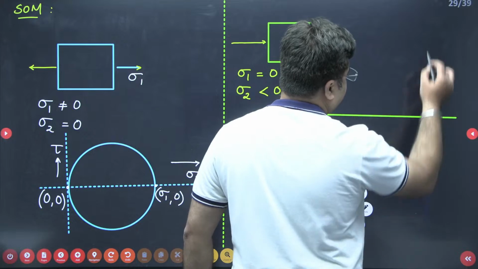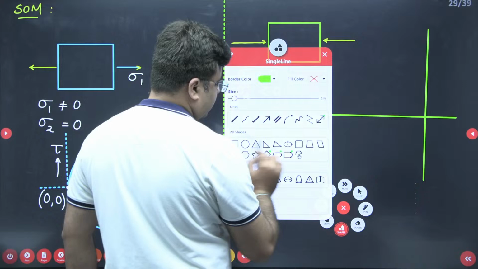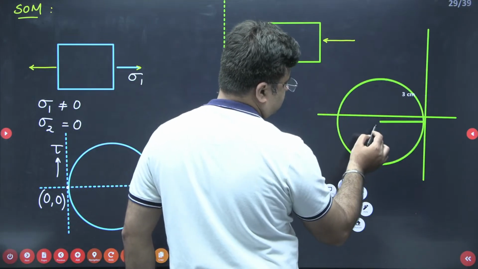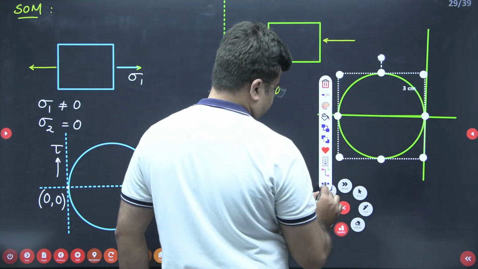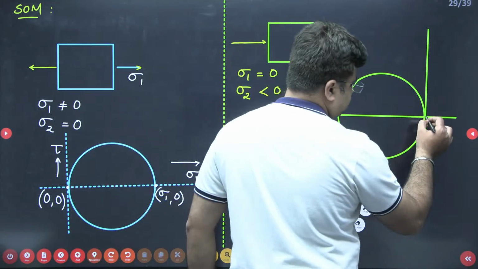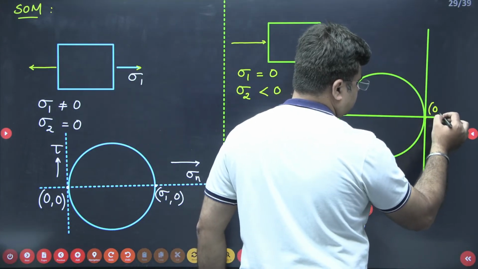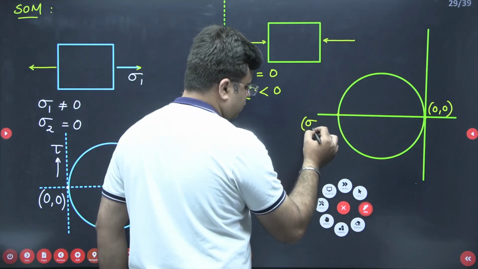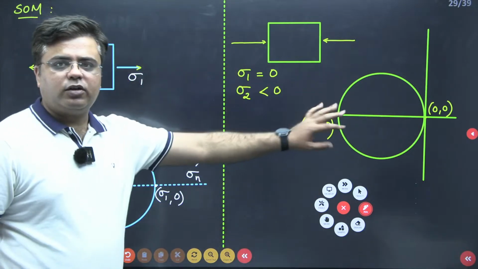This is my normal stress axis, shear stress axis, and if I draw the Mohr circle, it will be like this. So this is 0, comma 0. And this is your sigma 2, comma 0, which is negative. So for this state of stress, this is your Mohr circle.